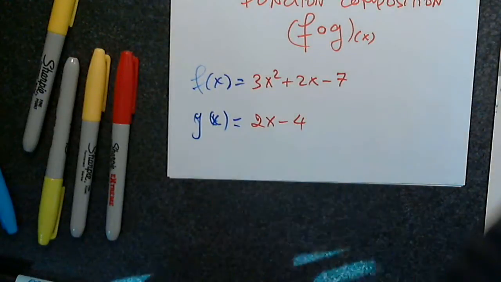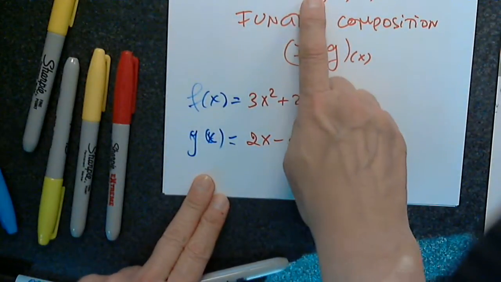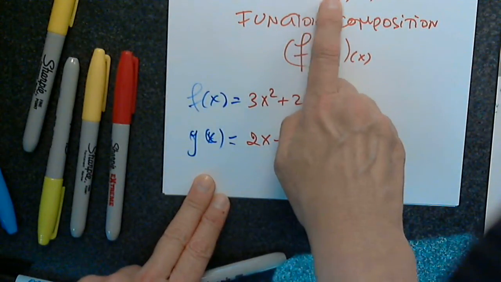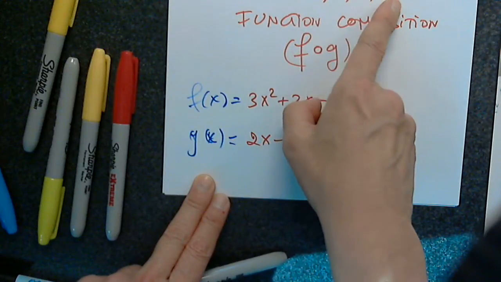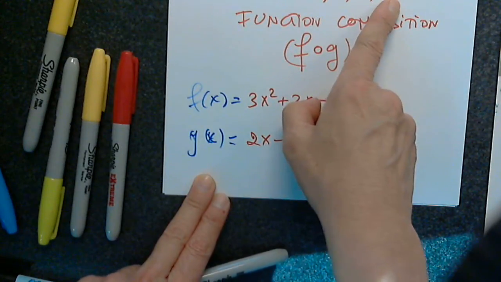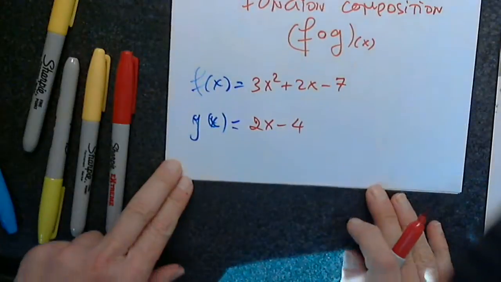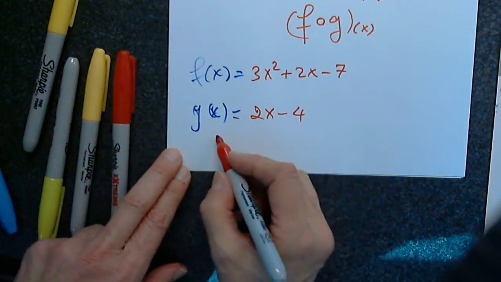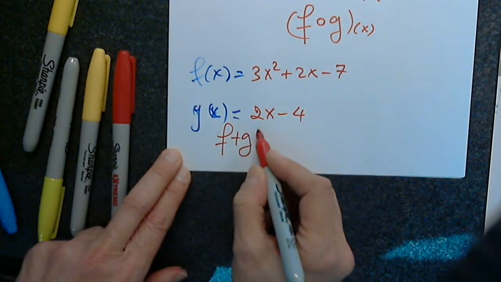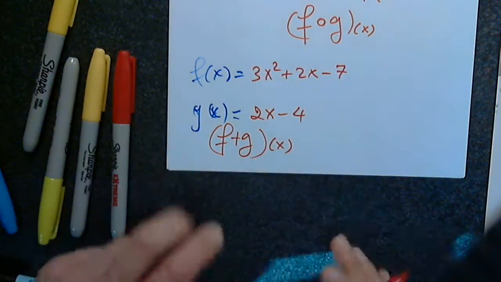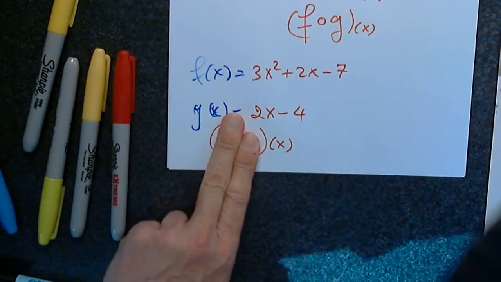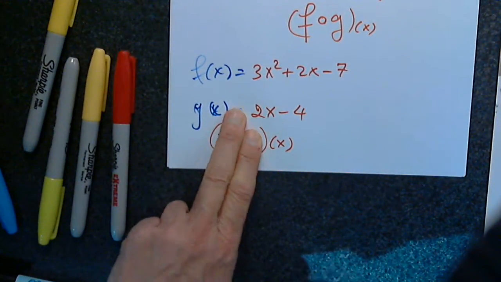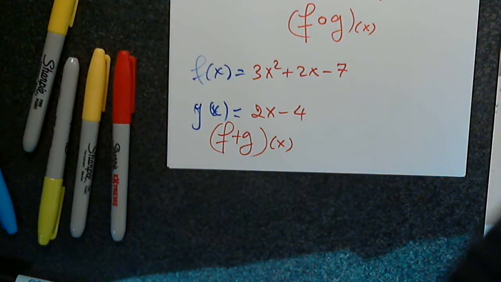Okay. With these two functions, we can create their sum, their difference, their product, and their ratio. So let's create the sum. Here's the notation for the sum. f plus g of x. This is the name. This is like f of x. But since it says f plus g, it tells me exactly what to do with those two functions.